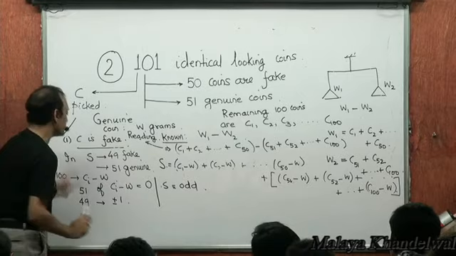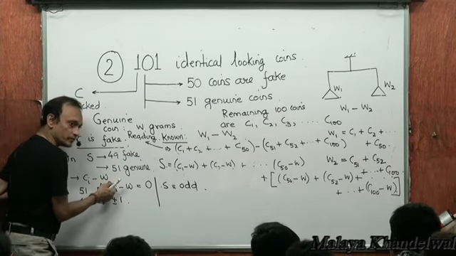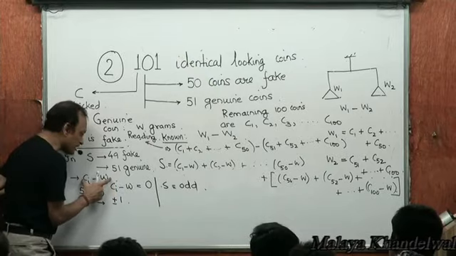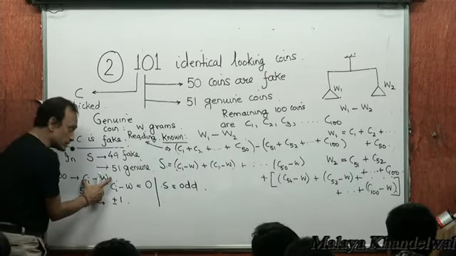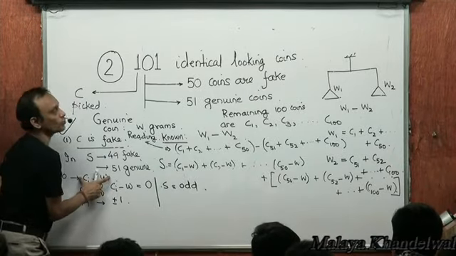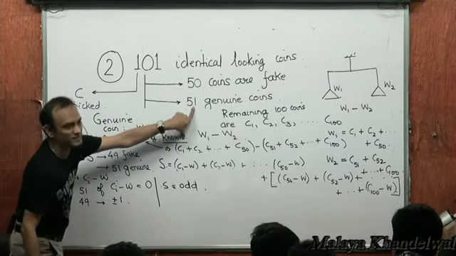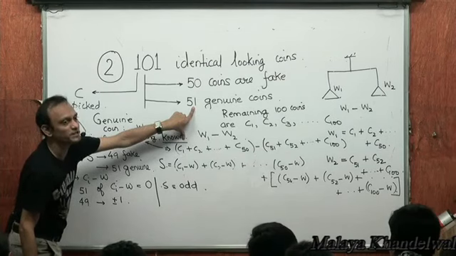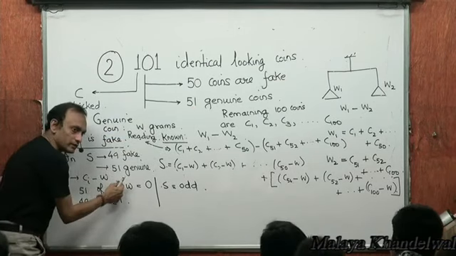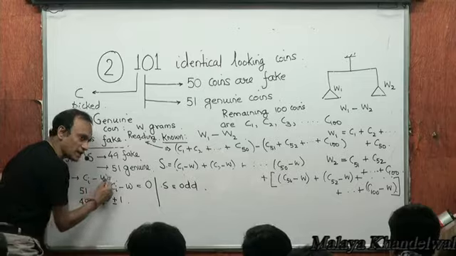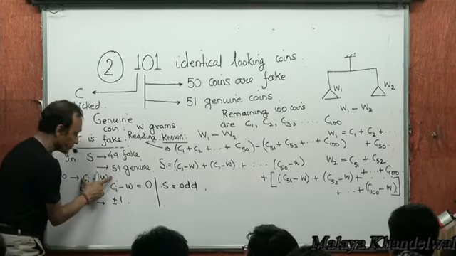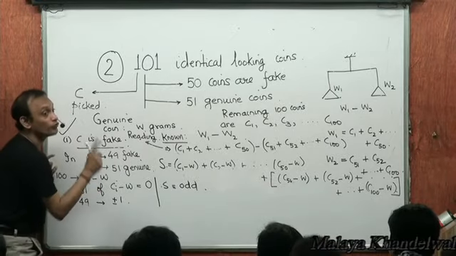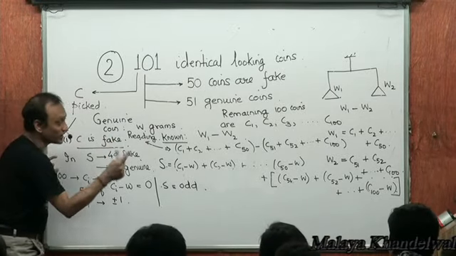Now, look at Ci minus W, right? 100 such numbers appear here, i equal to 1 to 100, of which 51 will be 0. Why would 51 be 0? Because 51 are genuine. So every time Ci is genuine, Ci minus W would be 0. So 51 of these numbers would be 0. And the remaining 49 would be plus 1 or minus 1 in this summation.